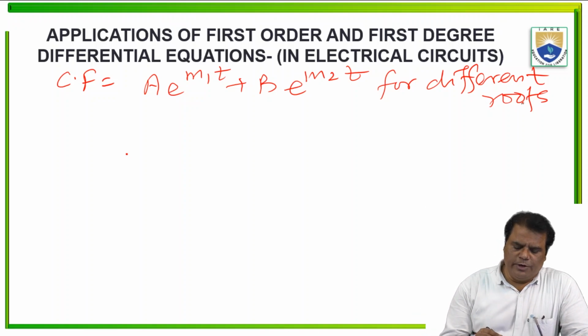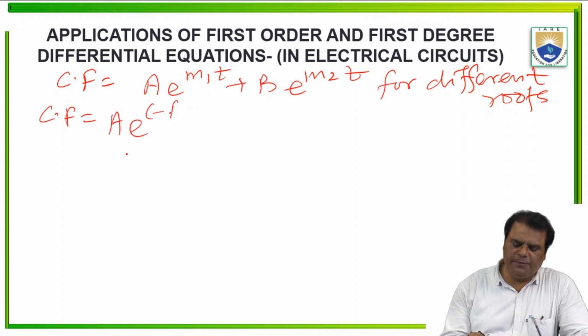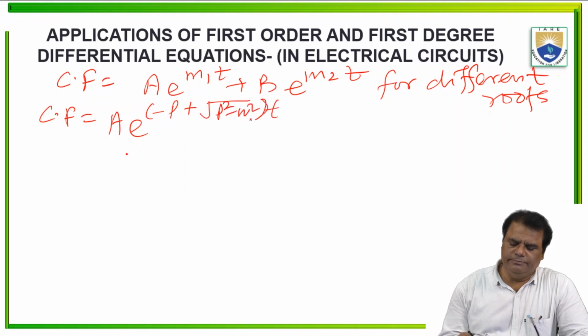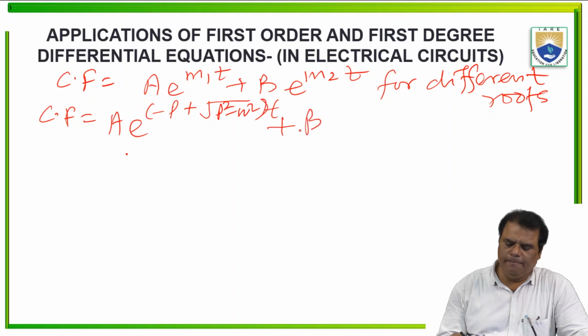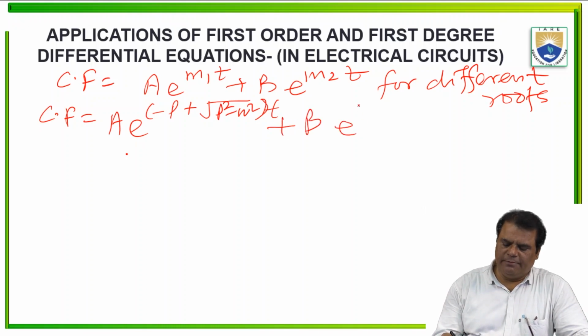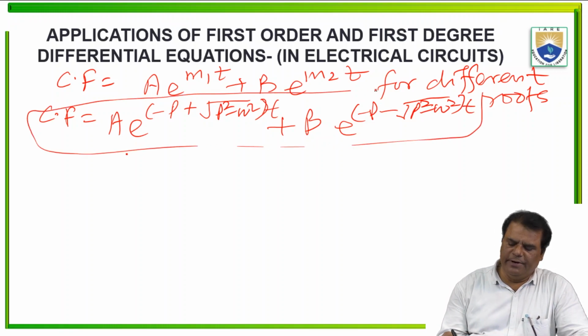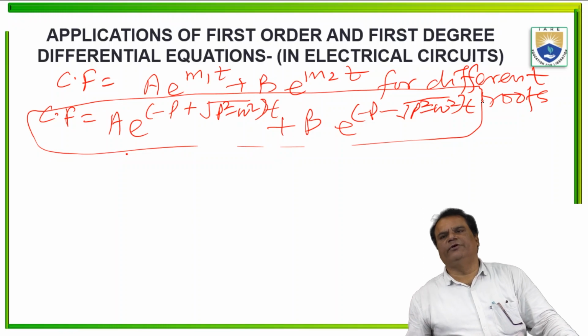Putting values here, CF is equal to a e to the power minus p plus under root p square minus w square into t, plus b e to the power minus p minus under root p square minus w square into t. So this is the complementary function of the given equation.